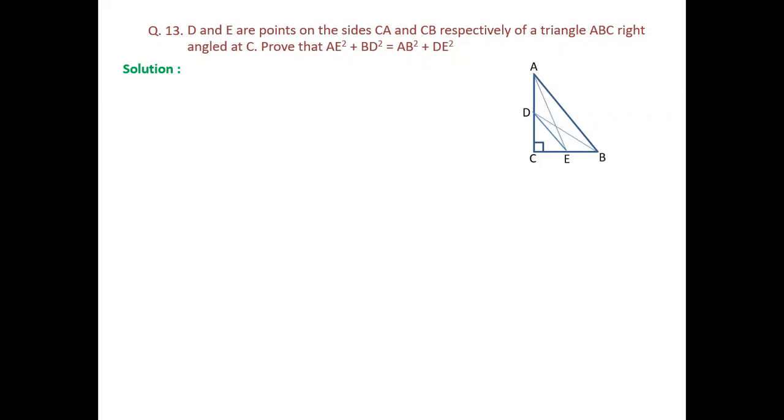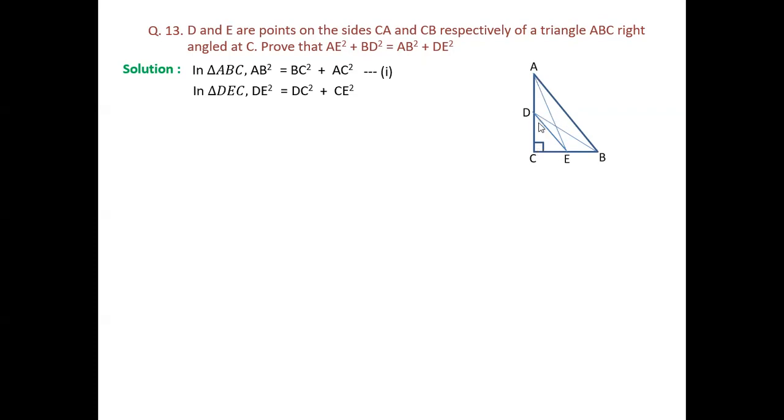Now let us apply Pythagoras theorem to each of the right triangles, because all the triangles are right angle triangles. In triangle ABC, the complete triangle, AB is the hypotenuse. So AB square is equal to BC square plus AC square. That is the first equation. Next, DE is the hypotenuse because the right angle is here.